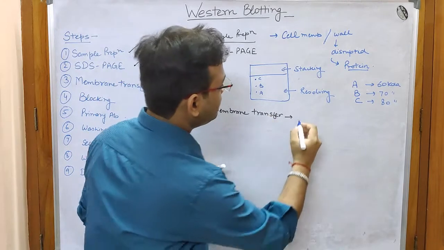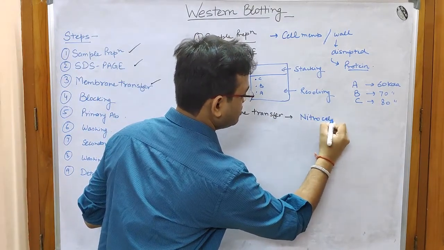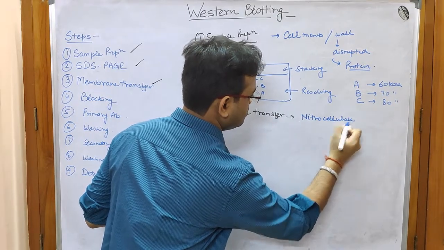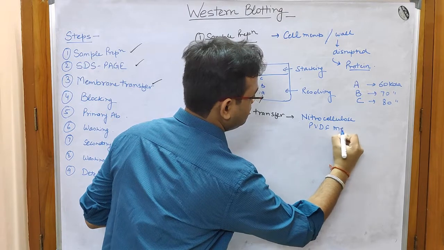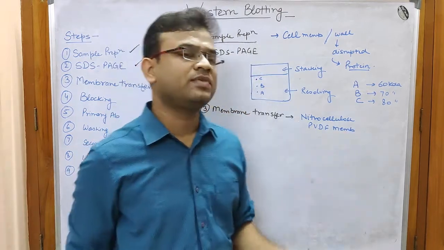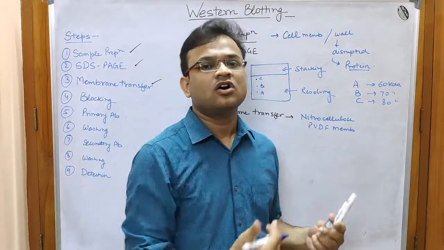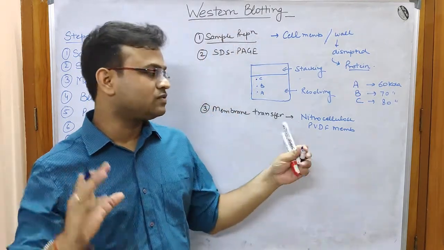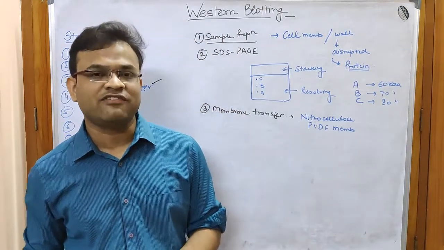Nitrocellulose membrane or PVDF membrane. These two membranes are generally used. Why are these used? Because they have a strong affinity towards the proteins. Proteins would go and bind to the nitrocellulose or PVDF membrane.